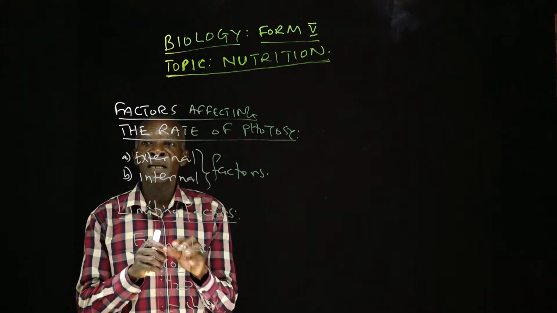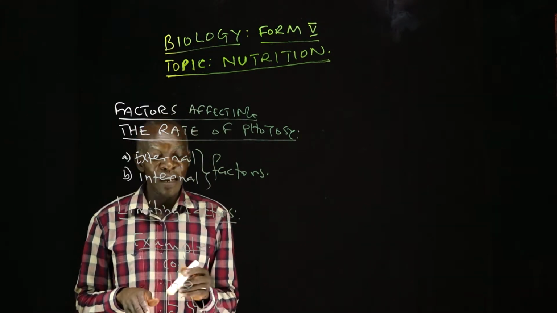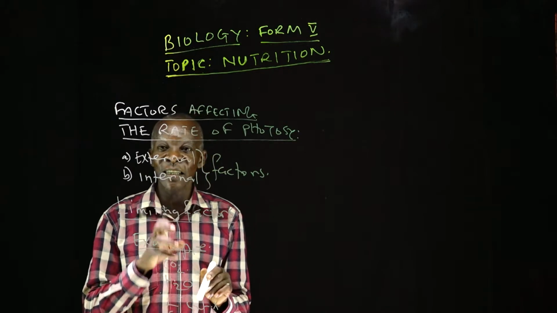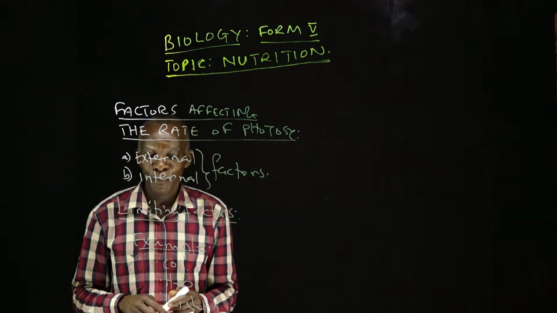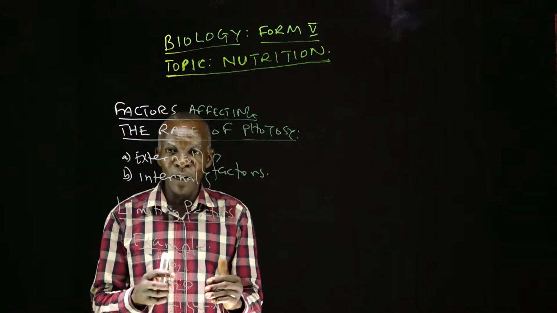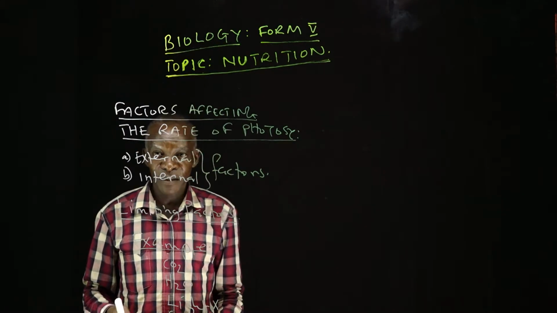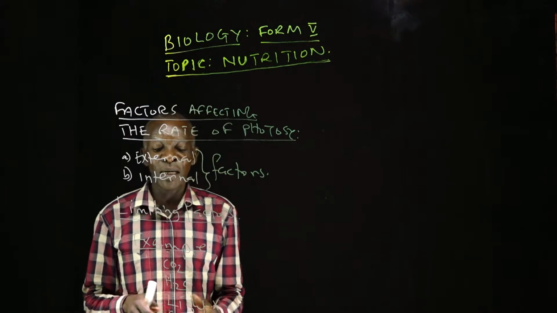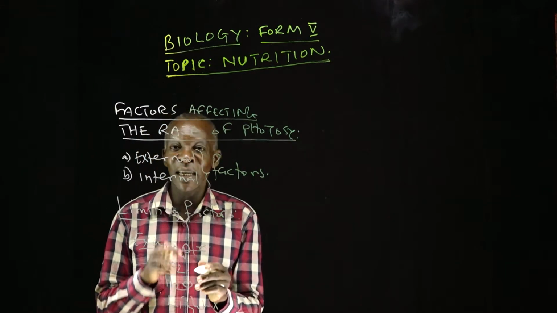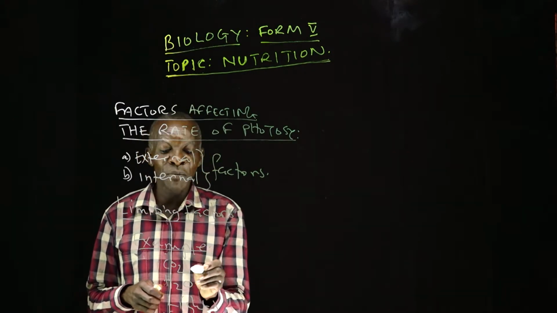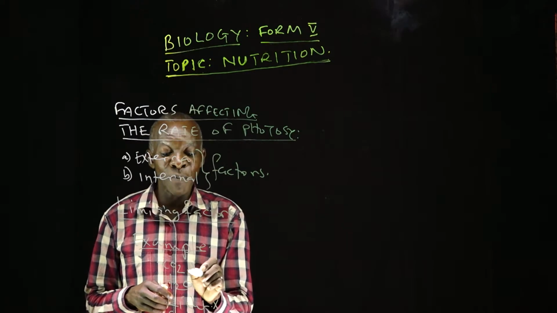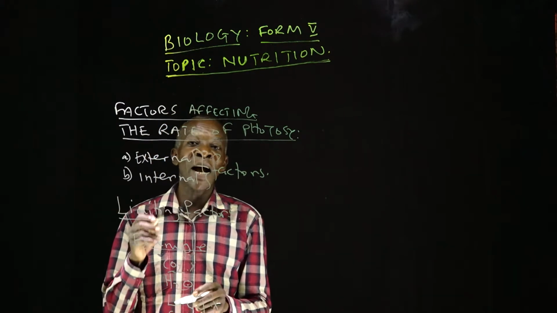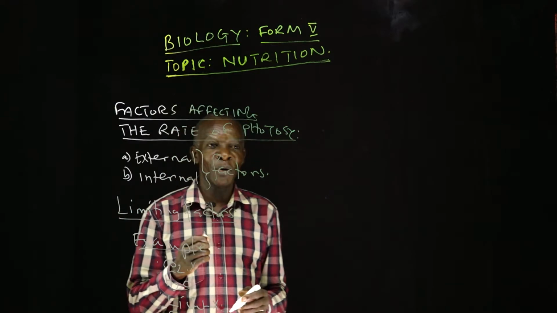Automatically, this plant will not photosynthesize. And therefore, light is acting as a limiting factor. If light is available, maybe during the day, the enzymes are active, water is there, but this plant is lacking carbon dioxide, the plant will not photosynthesize, and therefore carbon dioxide will be acting as a limiting factor in that way.